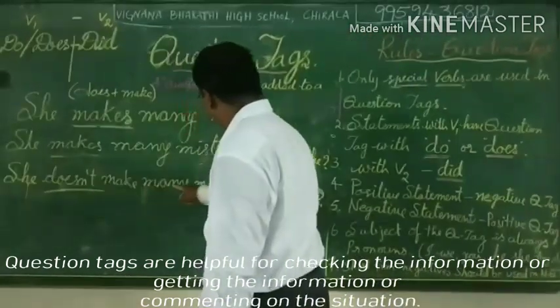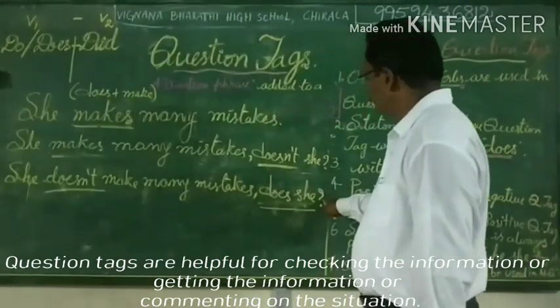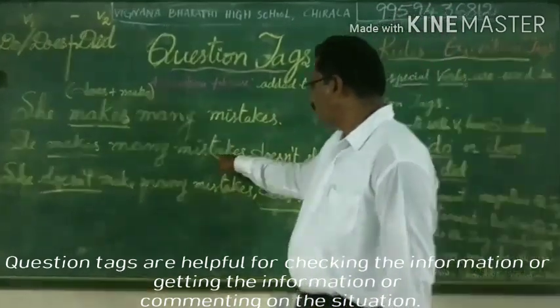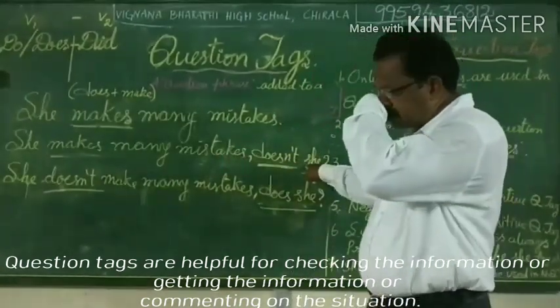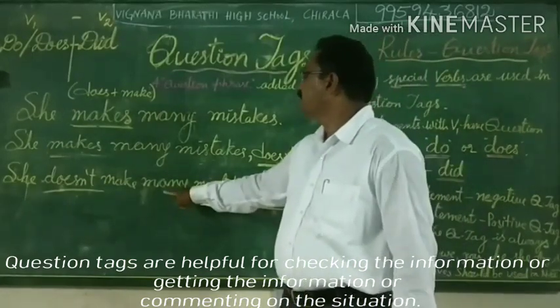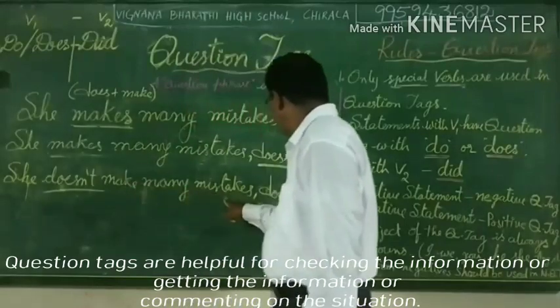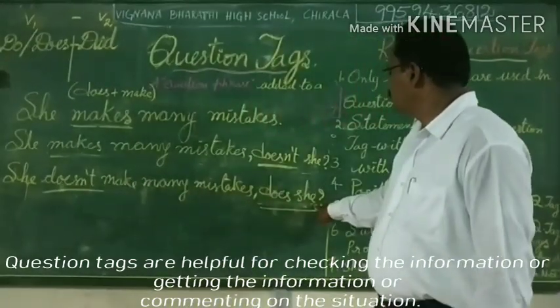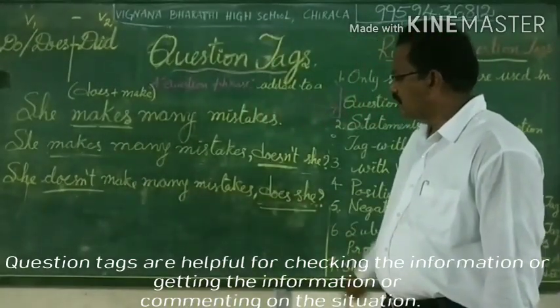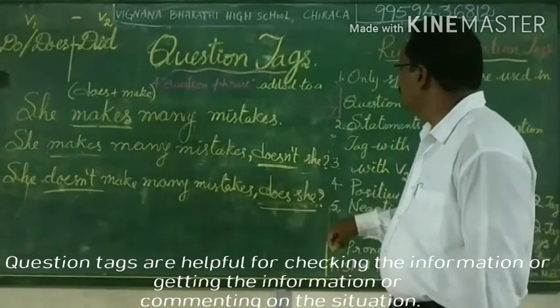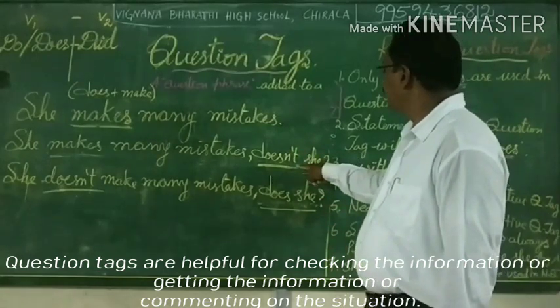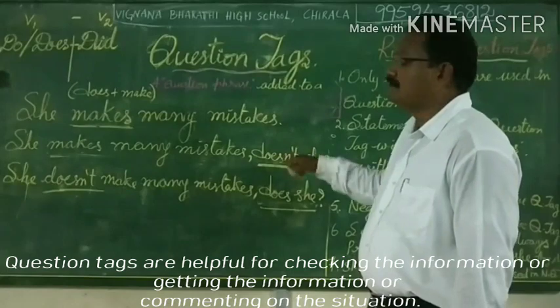She doesn't make many mistakes, does she? If the statement is positive, we get a negative question tag. The statement is negative with doesn't make, that is why here a positive question tag. So according to the statement given, we prepare the question tag opposite.